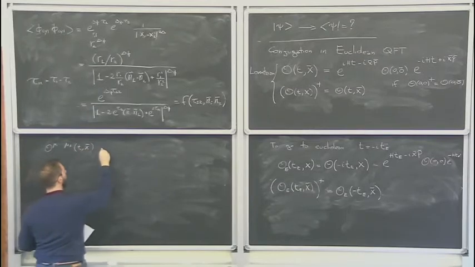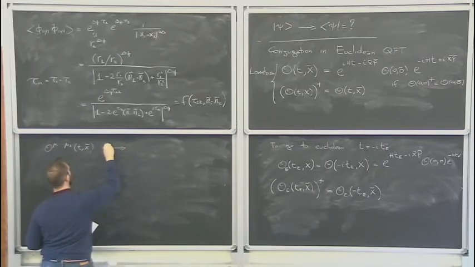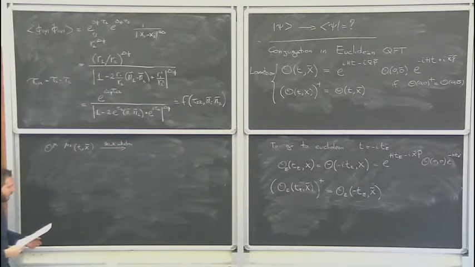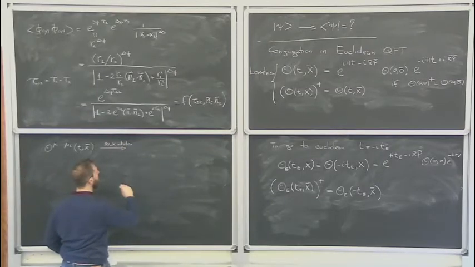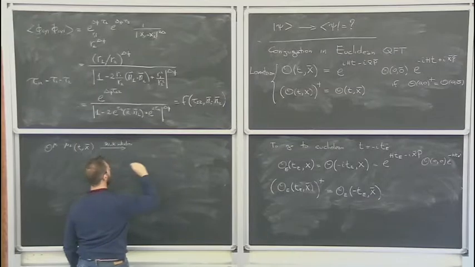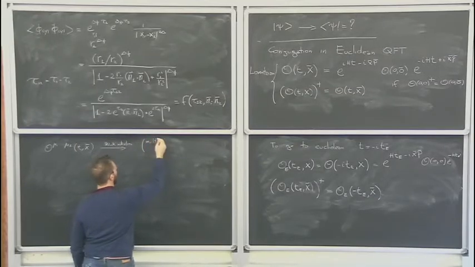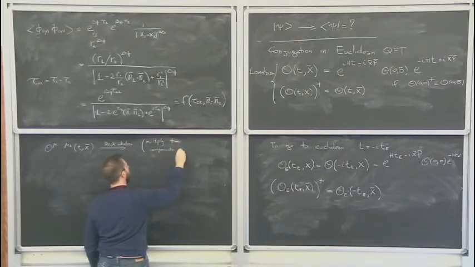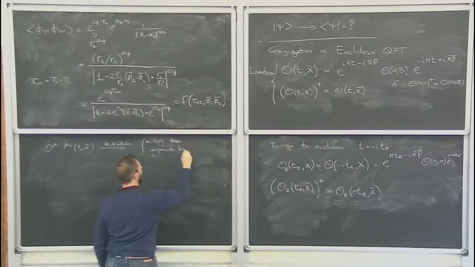When you go to Euclidean, you have to multiply each time component by a factor of minus i.